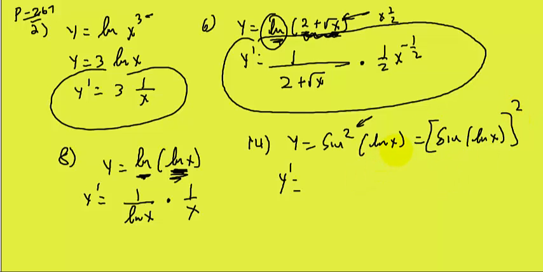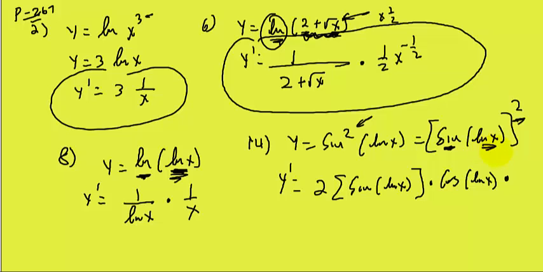But if I put the square on the x, it's totally different. The outermost function is that. That's going to give me 2 times sine of ln of x to the 1 power, times the derivative of the inside one, which is cosine of ln of x, times the derivative of the innermost one, which is 1 over x. And that's it.